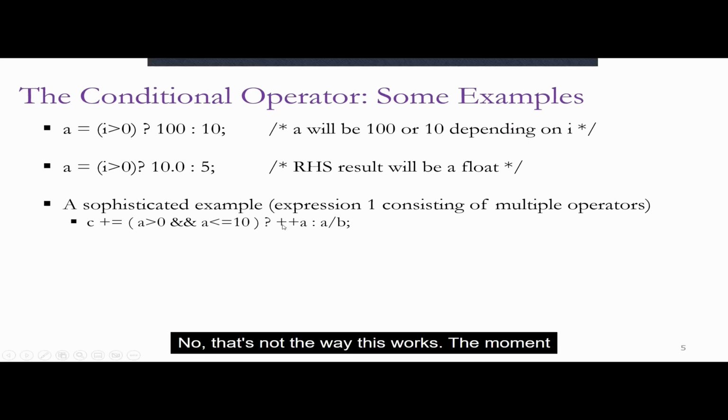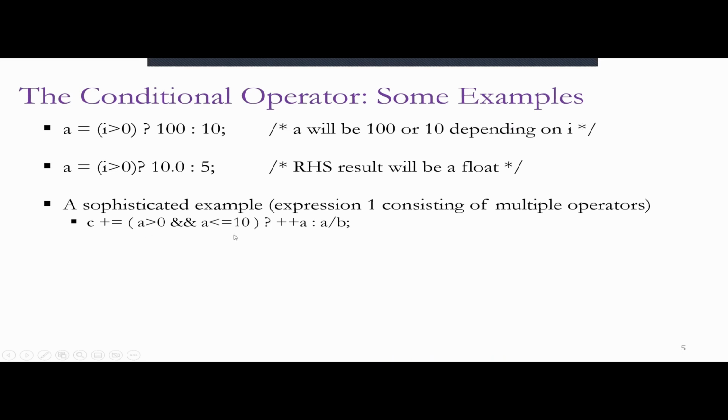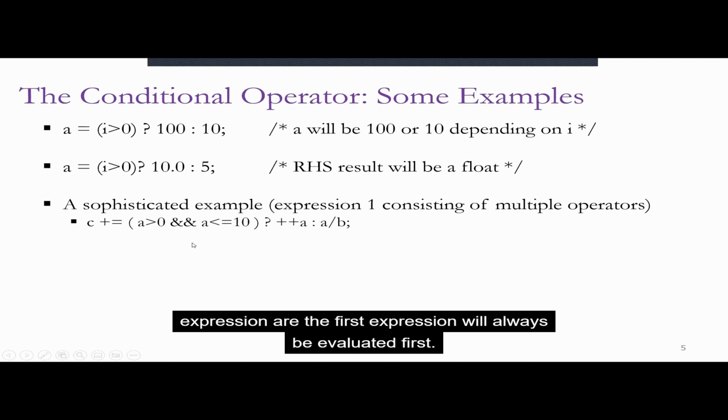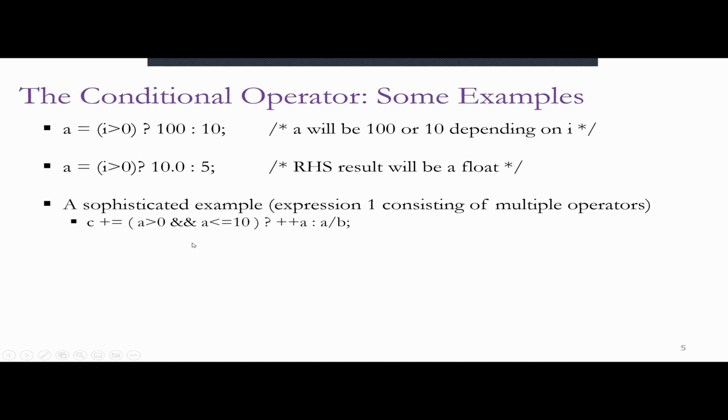No, that's not the way this works. The moment C realizes that there is a conditional operator here, it will first evaluate the first term of the conditional operator, no matter how high the precedence of the operators used in the second and the third expression are, the first expression will always be evaluated first.